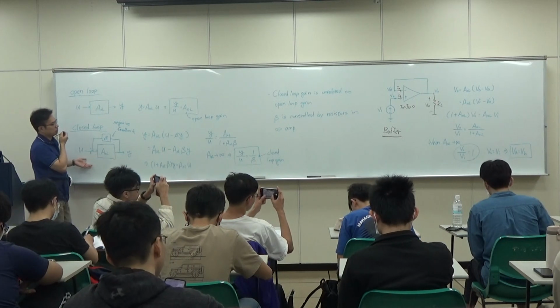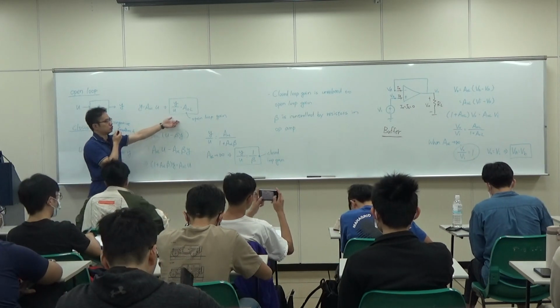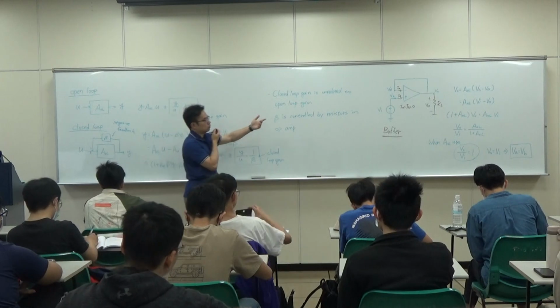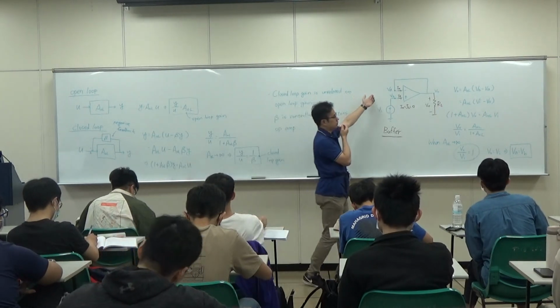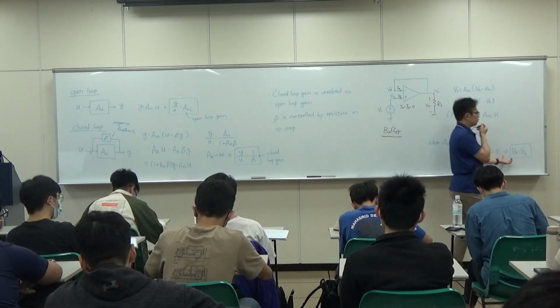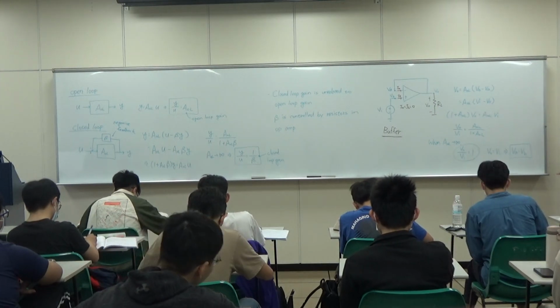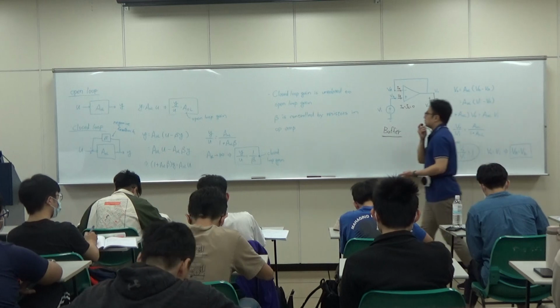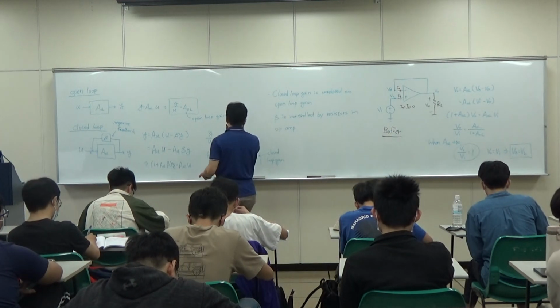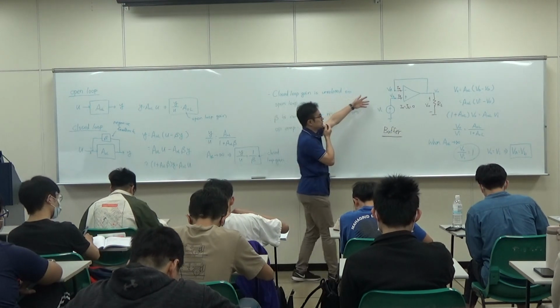So we explained why you need a very large open loop gain, and why if there's a feedback, you will have this golden rule, VA equals VB. And why are there two inputs?